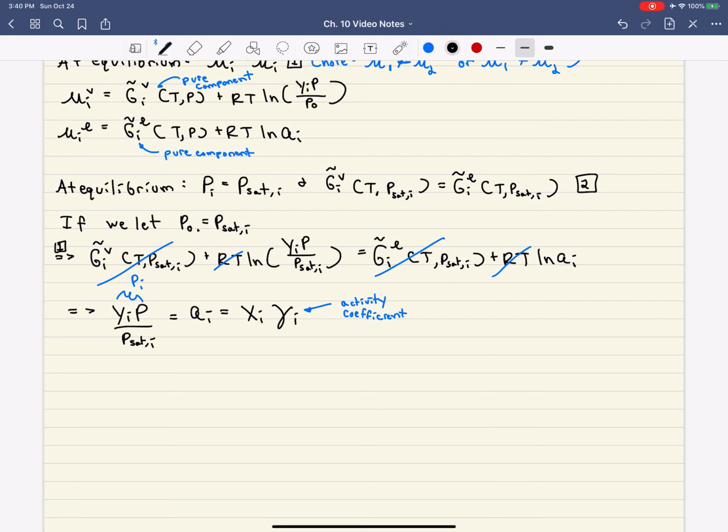So if we rearrange this equation, what we get is that the partial pressure of species I in the vapor phase is just equal to the mole fraction of species I in the liquid phase times its activity coefficient times its saturation pressure.